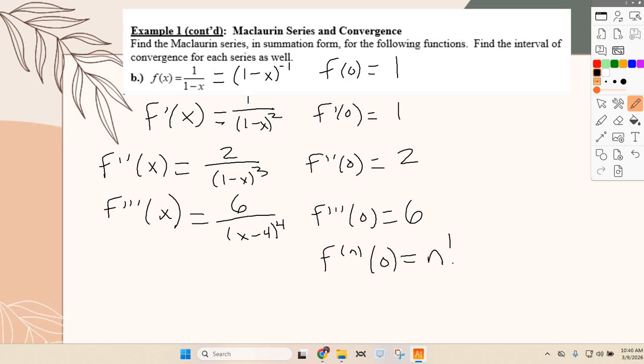Okay, so then our f of x would equal, so what's our constant term up front? 1 plus my first derivative, which was just 1 times x minus 0 to the first power, so we're just going to get x, cool, plus.